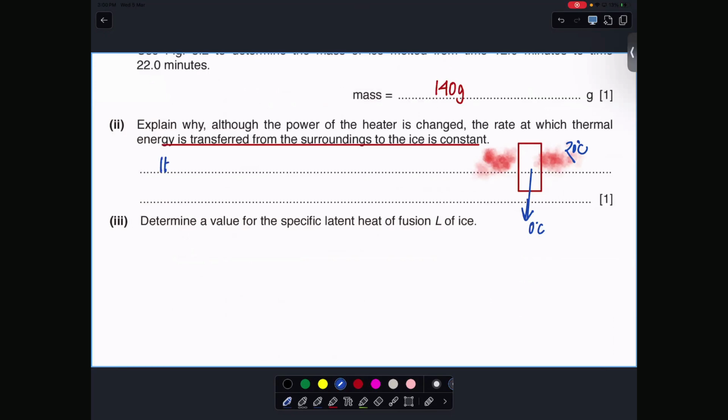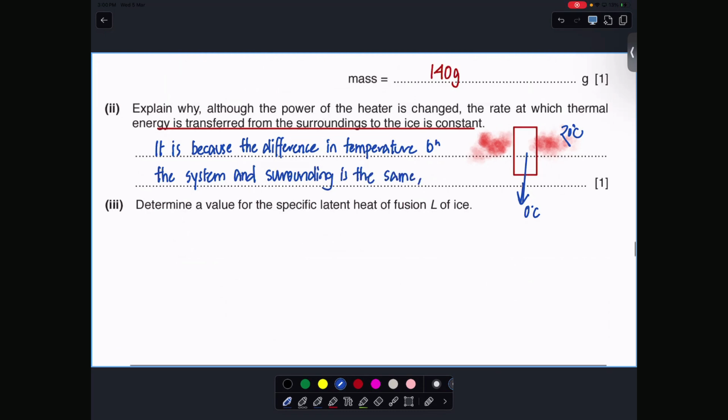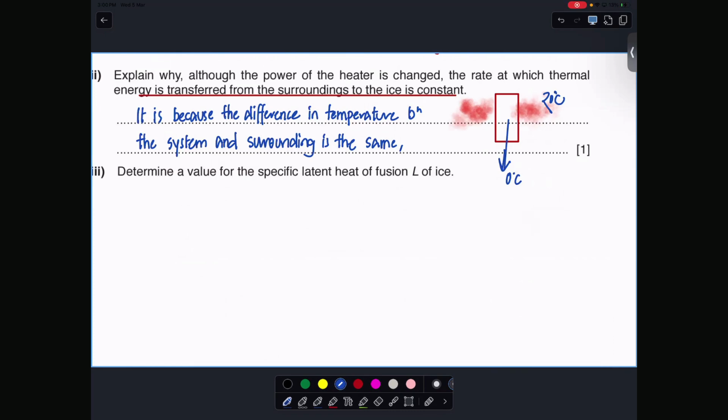It is because the difference in temperature between the system and surroundings is the same. And then you can add this that rate of energy transfer depends on temperature difference.